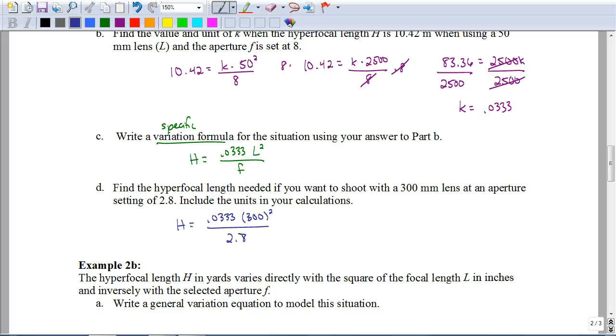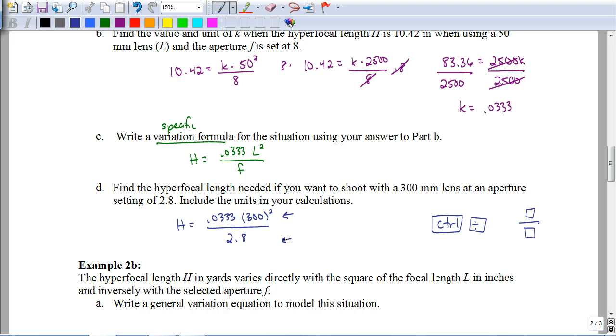If you have a CAS calculator, what you're going to want to do is hit the control and then the divide button, so that you can access the fraction bar. You'll get a little thing that looks like this, and you can plug these numbers in the numerator, plug the 2.8 in the denominator, and make sure you're getting the correct answer.